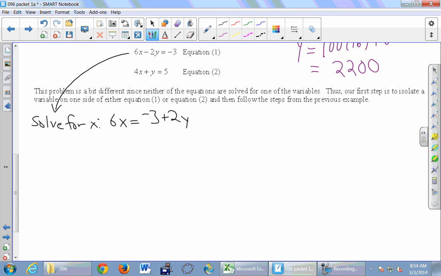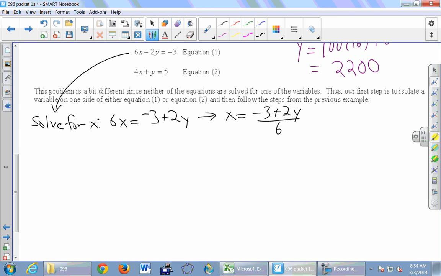Divide by 6. And that makes me unhappy because that means I have fractions. I'm not opposed to fractions from a philosophical standpoint, but if I can avoid them, I'd like to.